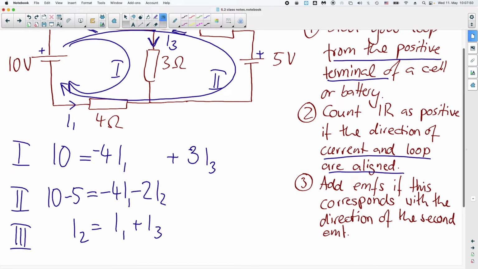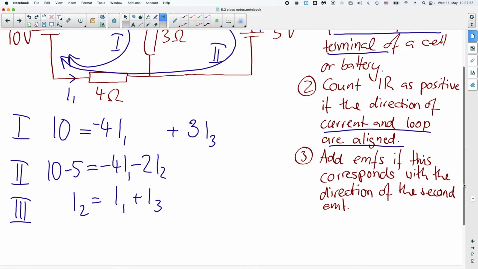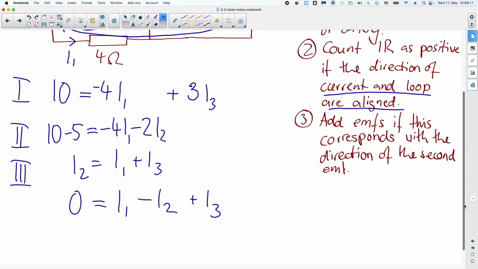I want to write this in the same format as the other equations. So I'm putting 0 on the left, bringing I2 over to the right, and then I have I1 minus I2 plus I3. So it's 1 I1 minus 1 I2 plus I3. Okay, now I have 3 simultaneous equations that I can just enter into my GDC and solve that way.